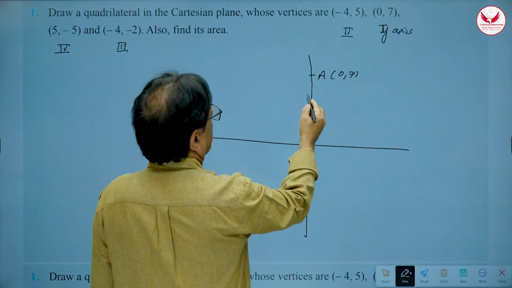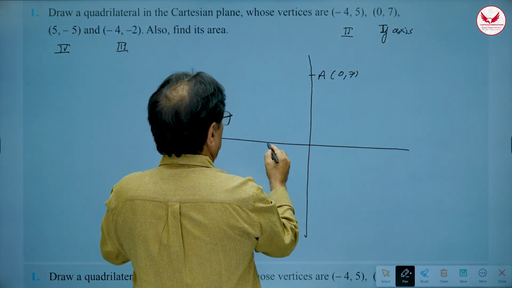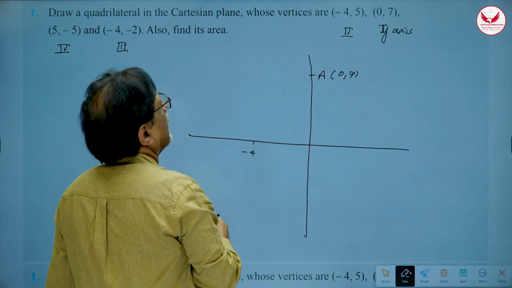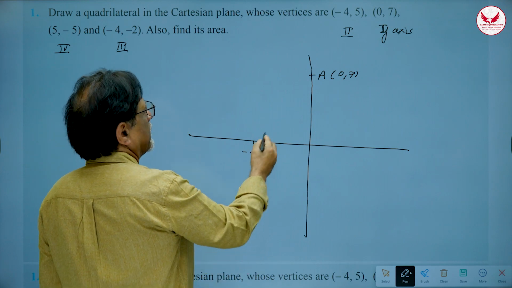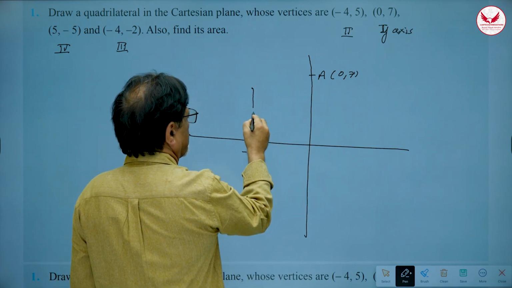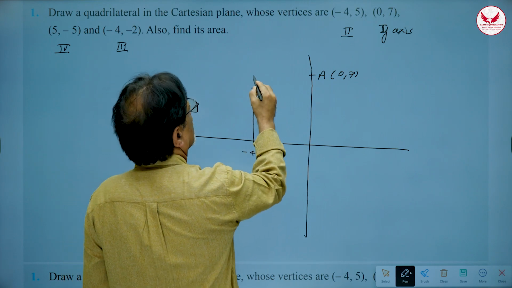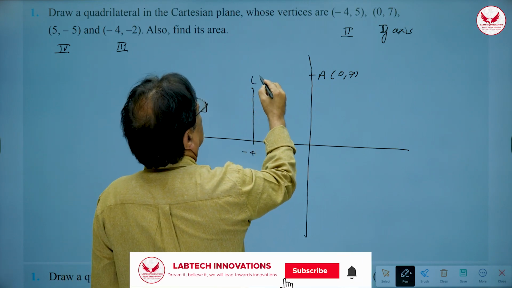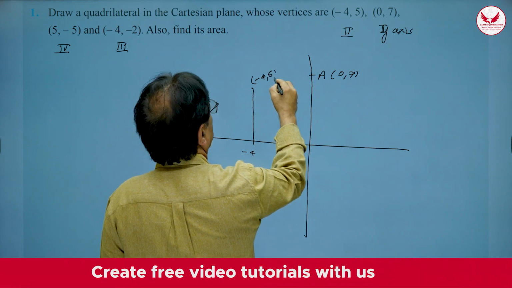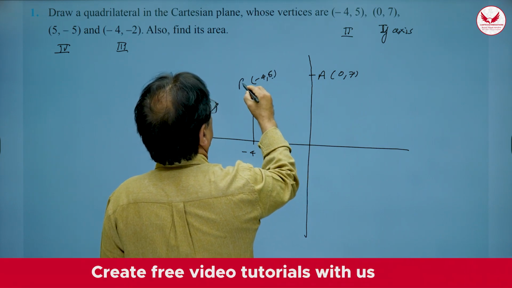The x coordinate is -4, so let us have the x coordinate here, and the y coordinate is 5. And this is 7, so it is a little below that. So that point, (-4, 5), let us call B.